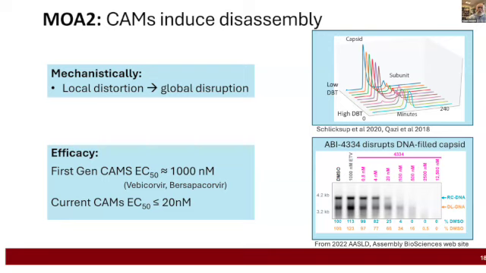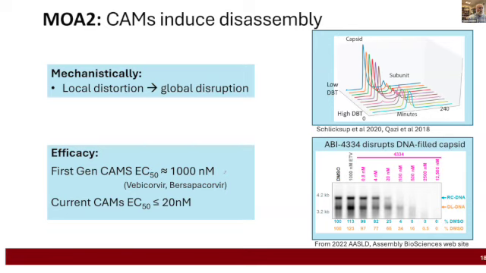The molecule was tested for its ability to disrupt a capsid and expose its DNA to nuclease digestion. At low concentration, not much happens, but above a threshold, CAMs seem to break up the capsid, leading to destruction of viral DNA.